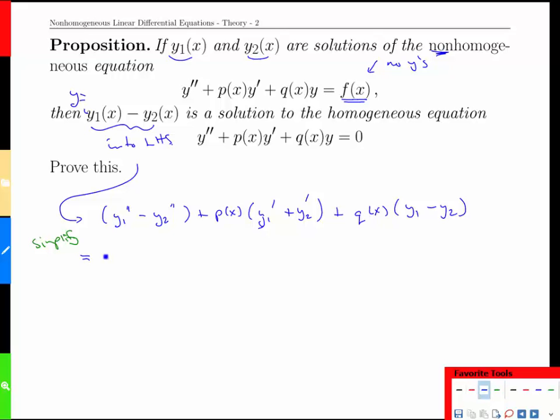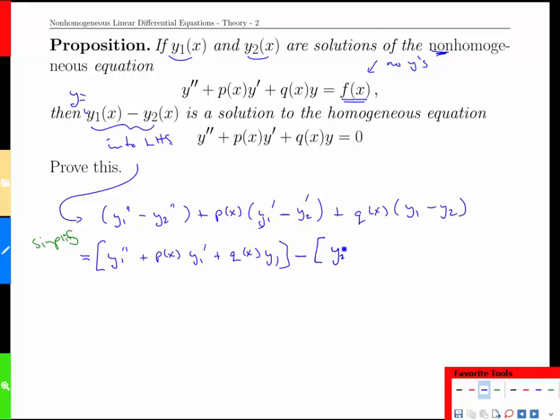We can group these. We'd have y1 double prime plus p of x, y1 prime plus q of x, y1. That makes a nice grouping. And then we have minus. Well, all of these terms have a negative y2, so let's bring the negative out front for all of those.